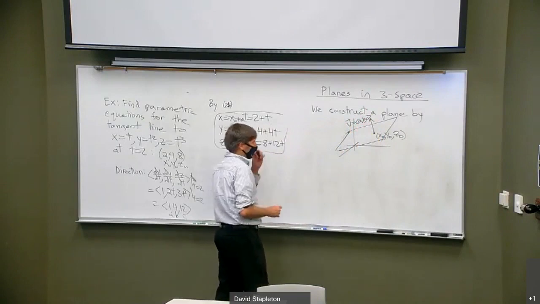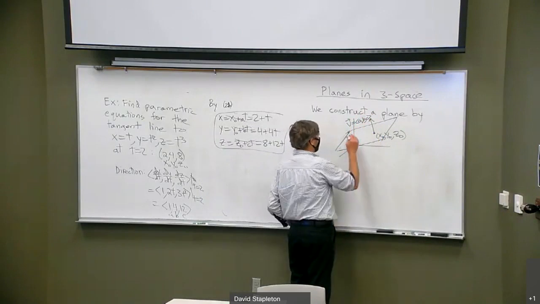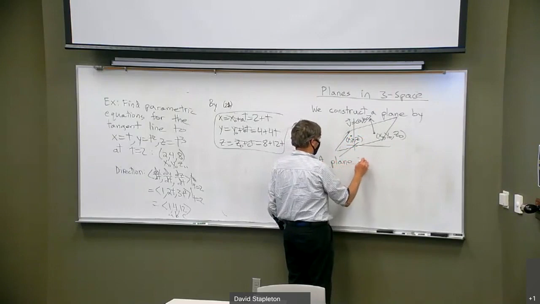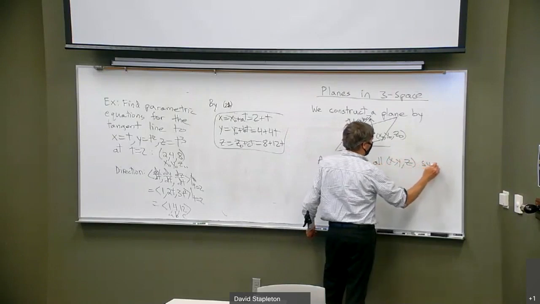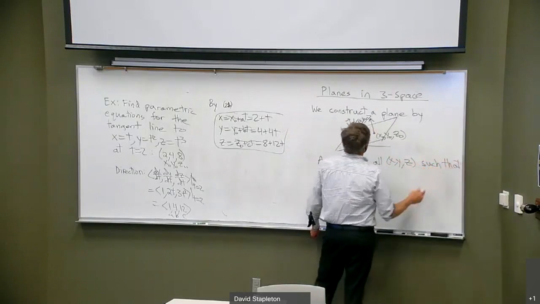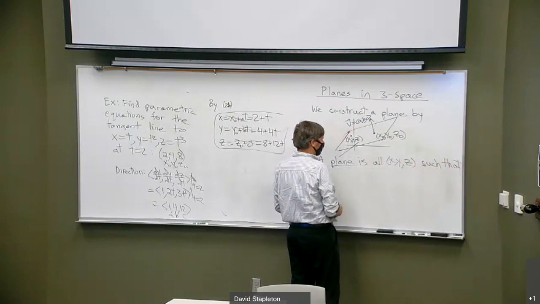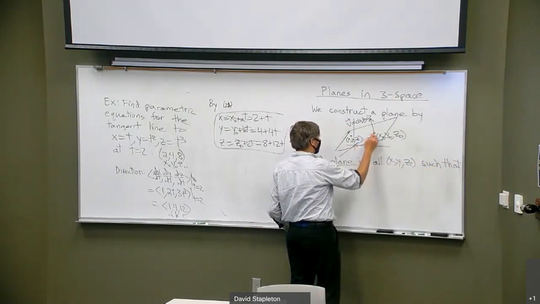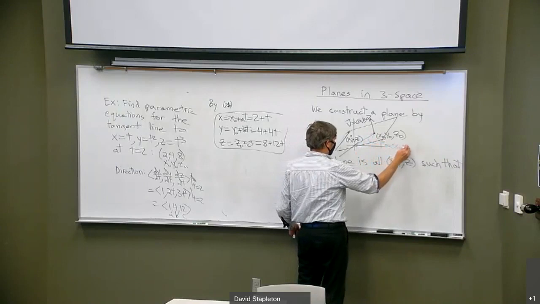We'll define a plane to be the set of all points in three-space, x, y, z, such that, suppose we construct this vector r0 out to x0, y0, z0 from the origin, then it's the vector with those components.